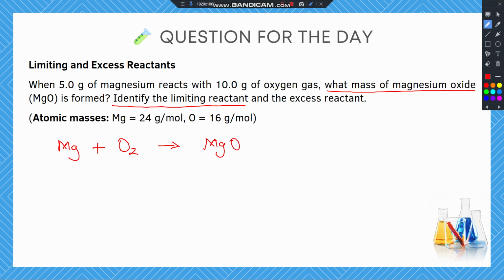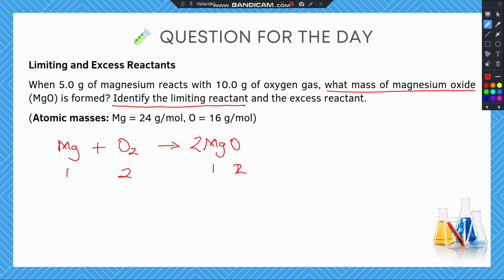To balance this equation, we count the number of magnesium atoms on both sides. We have 1 on the left side and 1 on the right side. Magnesium is balanced. For oxygen, we have 2 atoms on the left side and 1 atom on the right side.